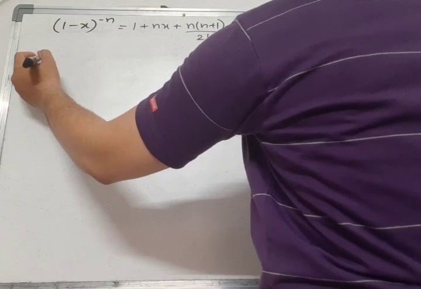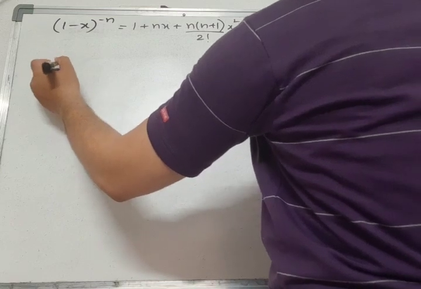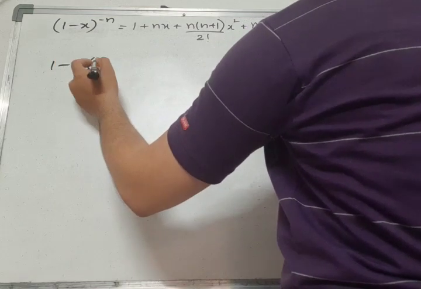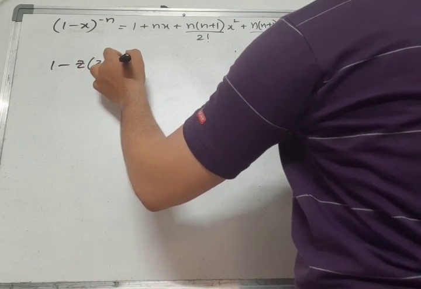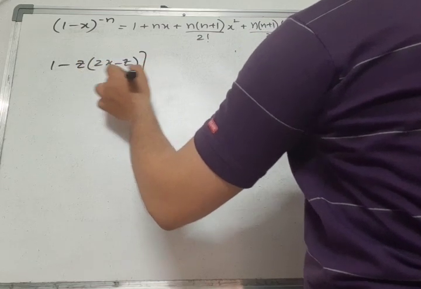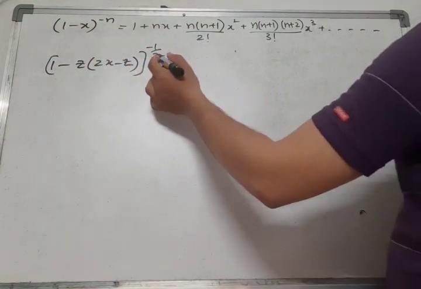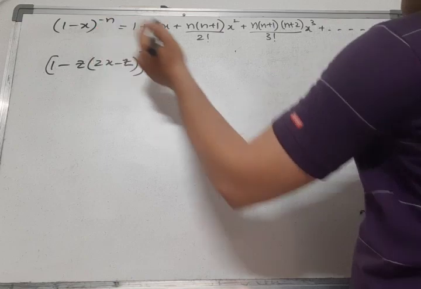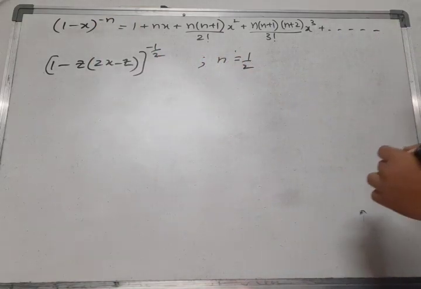What is our function? Our generating function. What is the generating function? (1 minus z(2x minus z)) whole to the power of minus 1 by 2. In this you compare, in the place of n what is there? In the place of n, 1 by 2 is there.